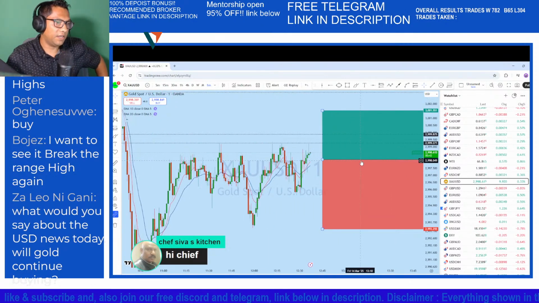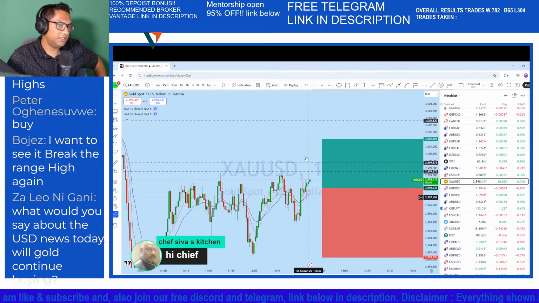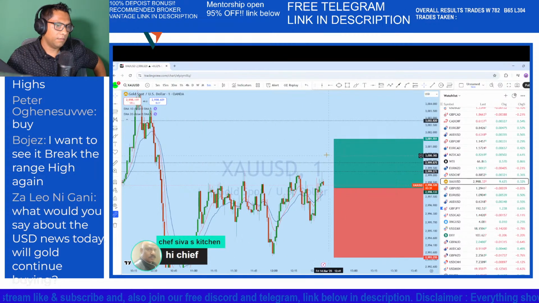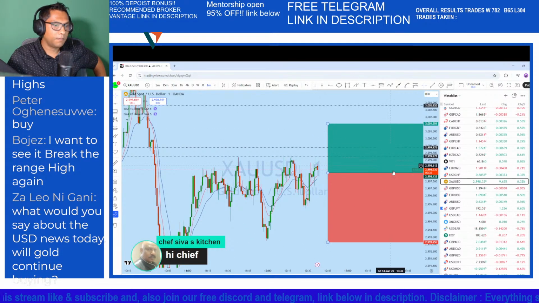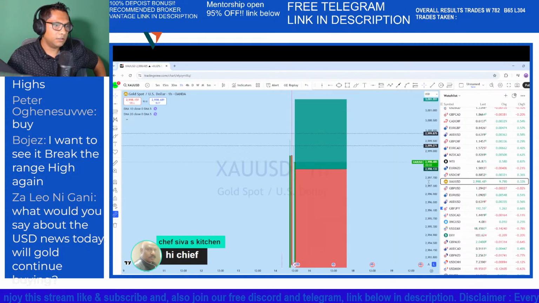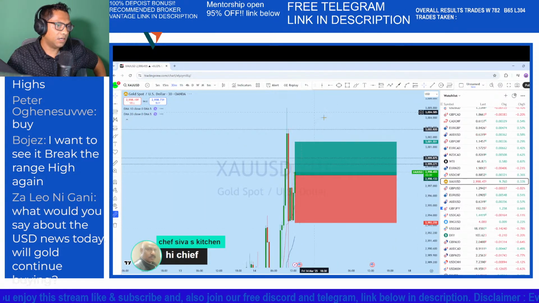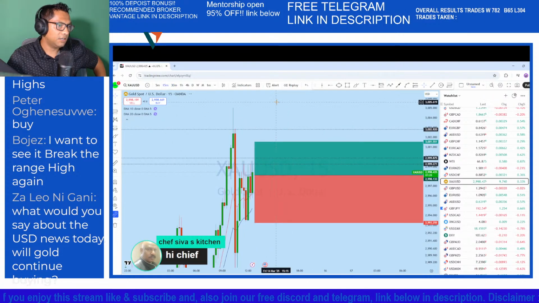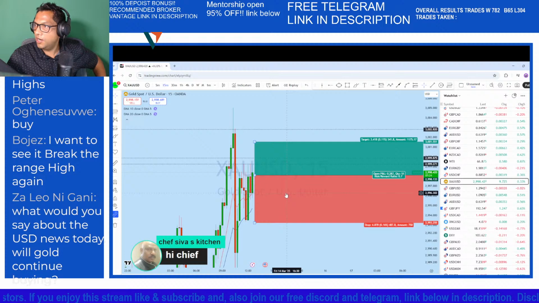Again, the price is finding that resistance hard, but we might see that ultimately it breaks out from that resistance. And if that's the situation, then we might see the price go up and create a new higher high.